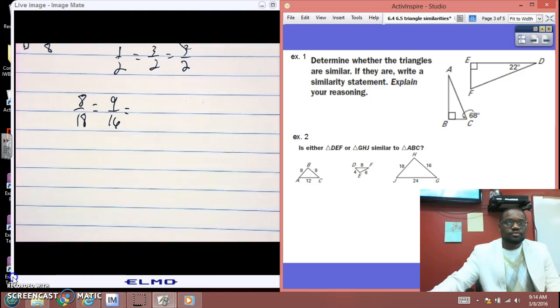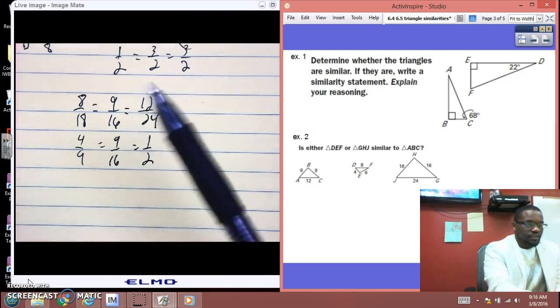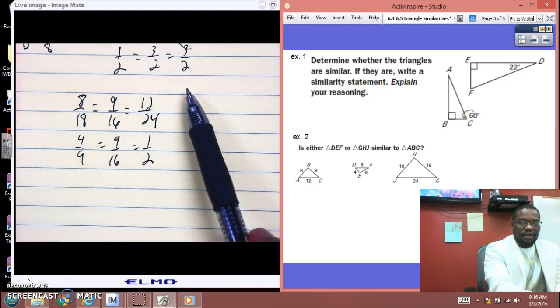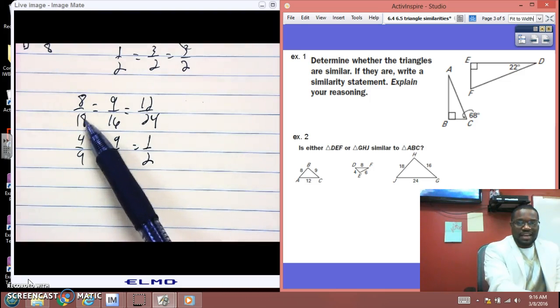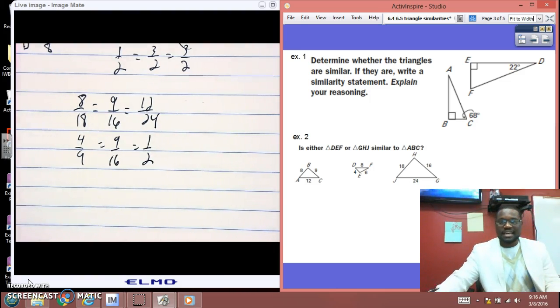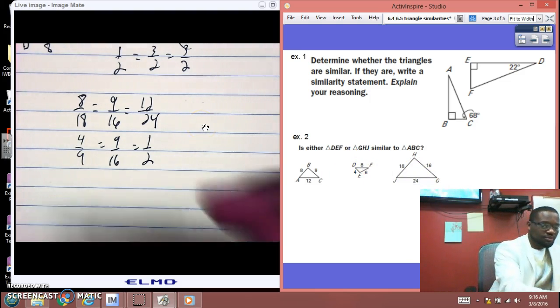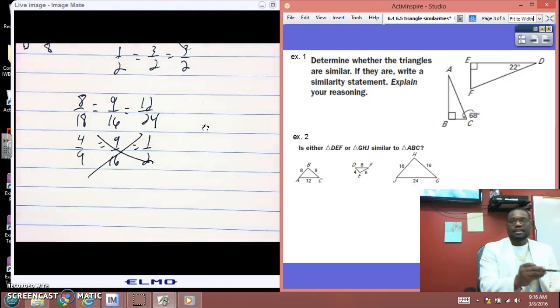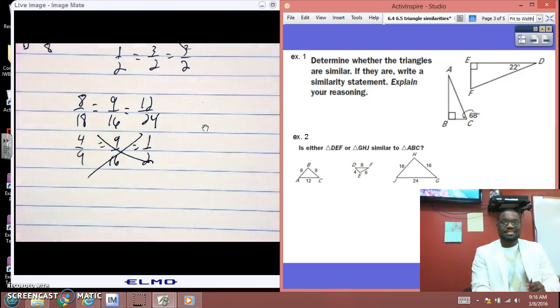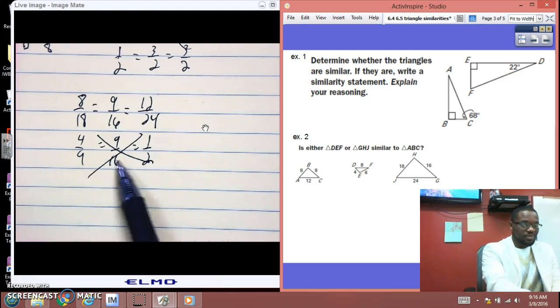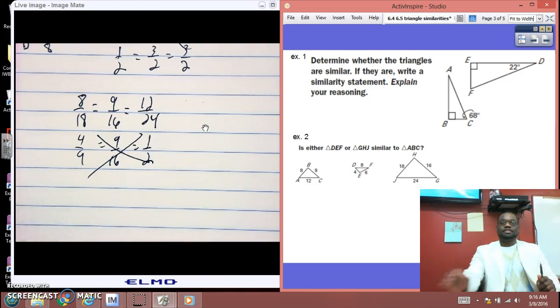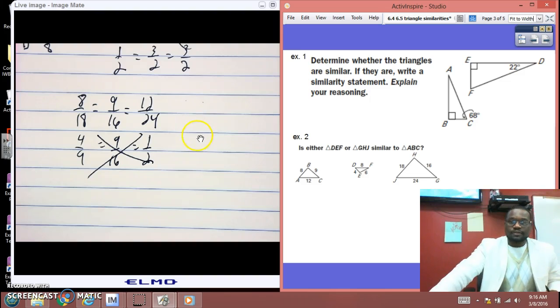I went ahead and set them all up: 8 over 18, the corresponding sides, 9 over 16, 12 over 24. Again, once we reduce these we see that neither one of those are similar, because the sides are not proportional. Each one should have been the same reduced fraction if they are. So neither one of these is similar to triangle ABC.